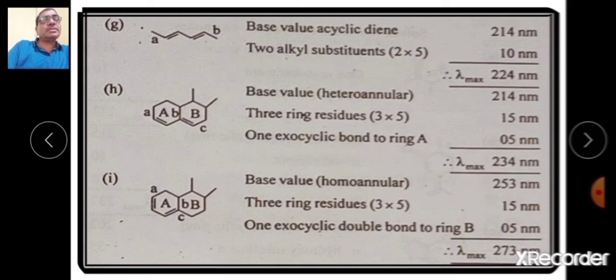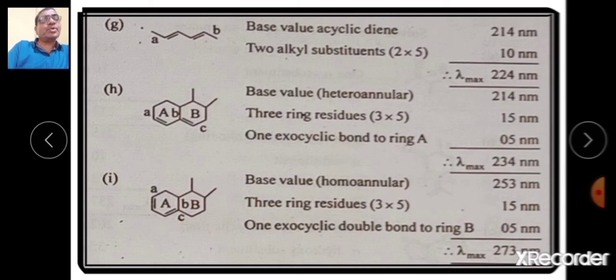Now last example. In this case, homoannular diene system is present. This is a homoannular double bond, single bond, double bond. What are the substituents? A, and this is only one, B and C. This is a C, this is a B. Let us see.